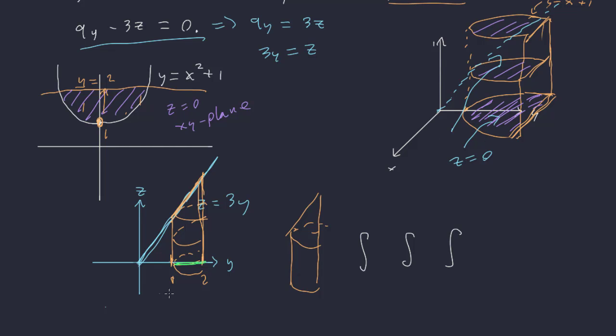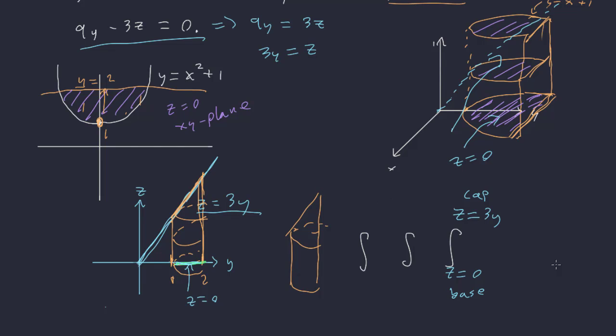Right? So it's going from z equals 0 to z equals 3y. Okay. So this is the base, this is the cap. I don't even need to know what this whole thing looks like in 3 space to get this. I just graphed everything I possibly could together.